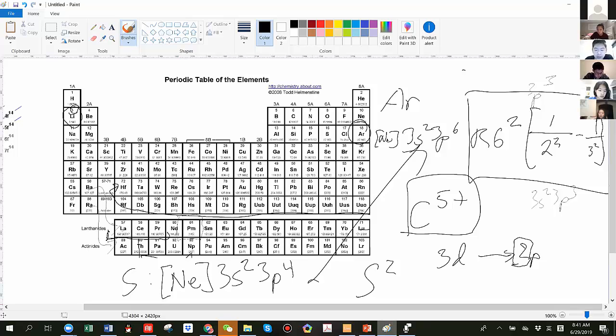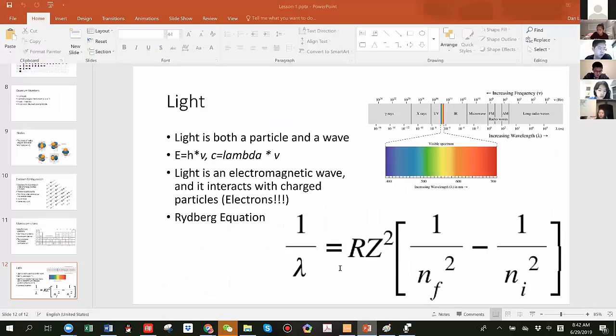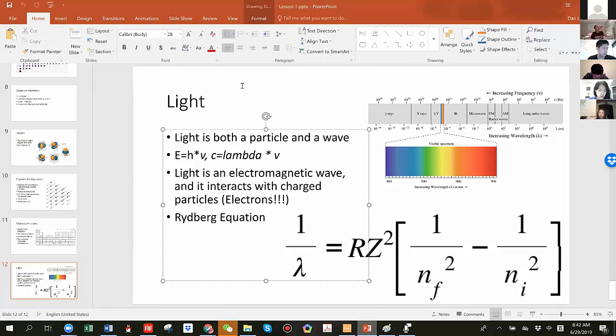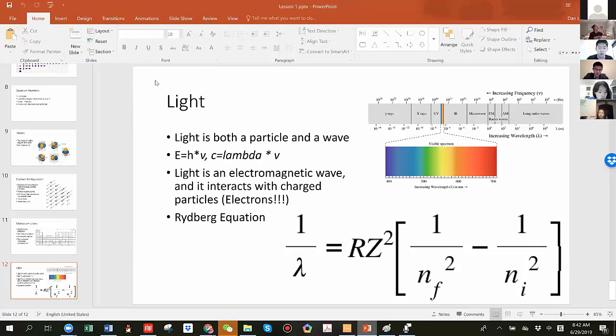Okay, since we have some time left, I think it might be a good idea to go over some problems to solidify some of these concepts. So let me see if I have some problems. This problem is from the 2019 Chemistry Olympiad, the local one.